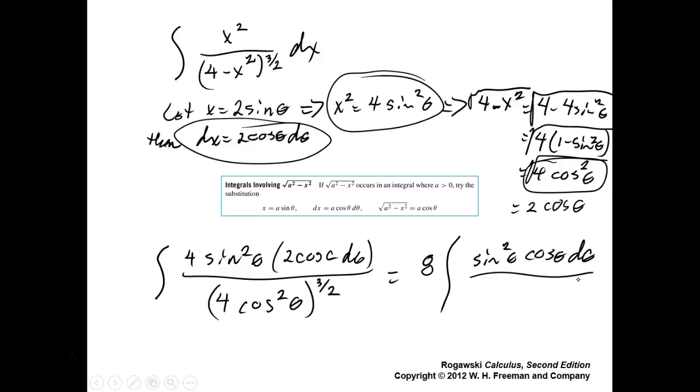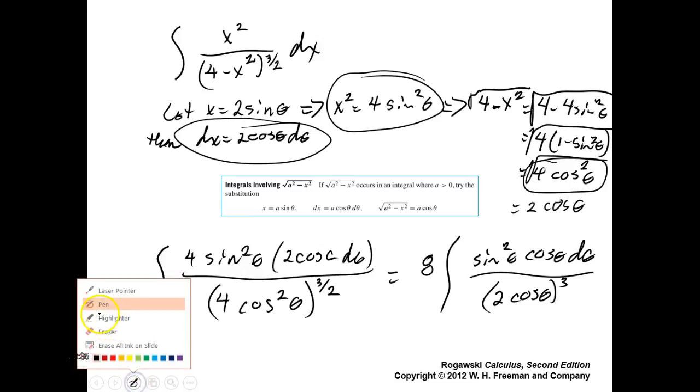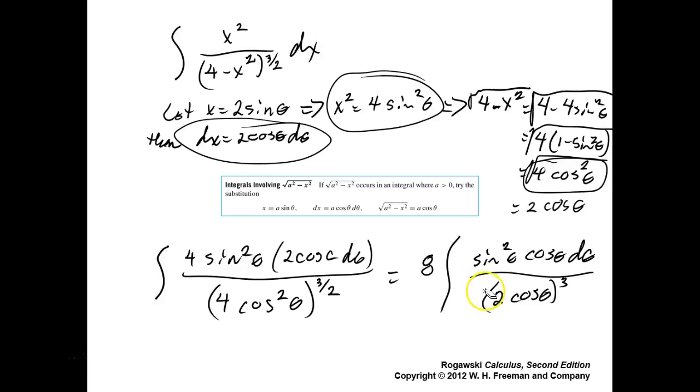Our denominator is, as we already said, take the square root first. That would be 2 cosine theta cubed. Okay? Well, I don't want to write an extra line, so I'm going to go back and change that ever so slightly to be 2 cubed times cosine theta cubed, or cosine cubed theta.